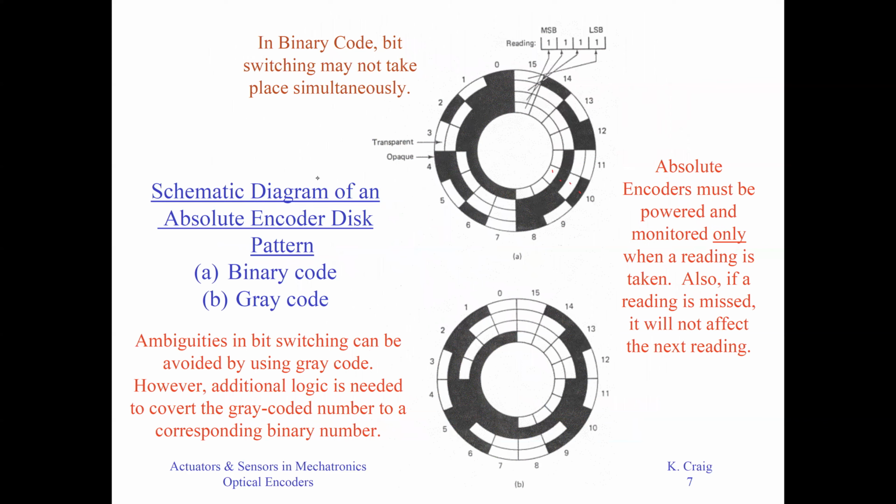So this is LSB, least significant bit. So you have a 1, 1, 1, 1, but this one is LSB. The highest one is called the most significant bit, MSB.